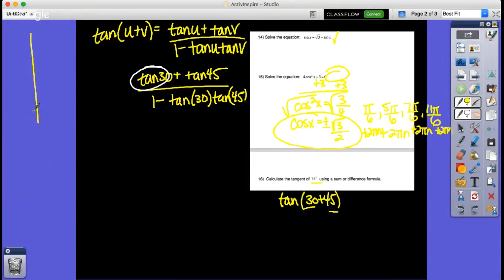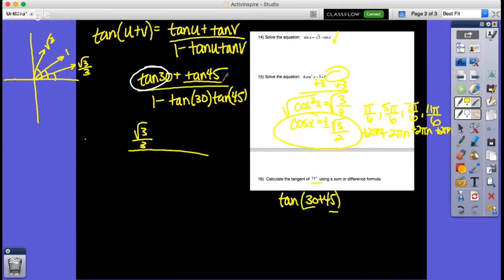Well, we remember on our unit circle that we have 3 different values: 30, 45, and 60 degree angles. At my 30 degree angle, we get square root of 3 over 3. At my 45 degree angle, we get 1. And at my 60 degree, we get square root of 3.